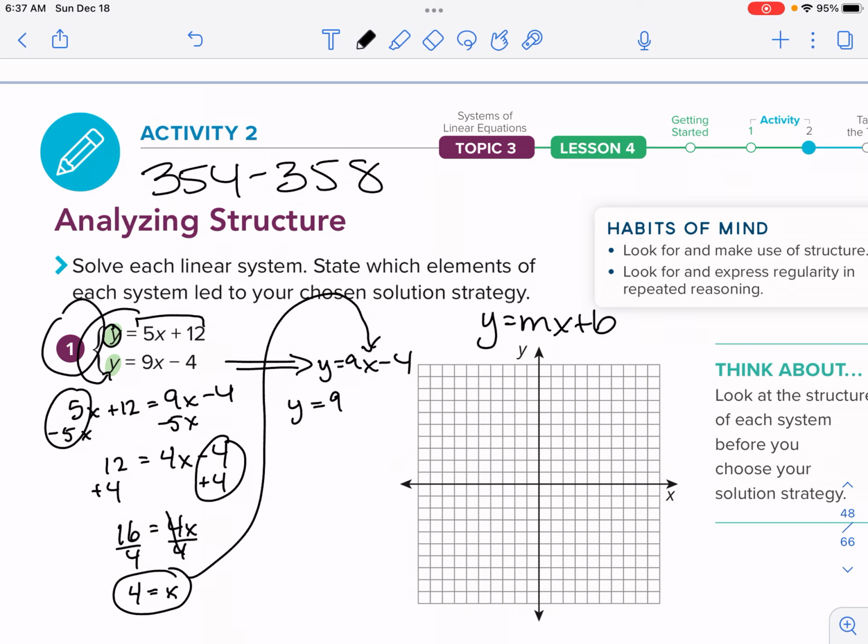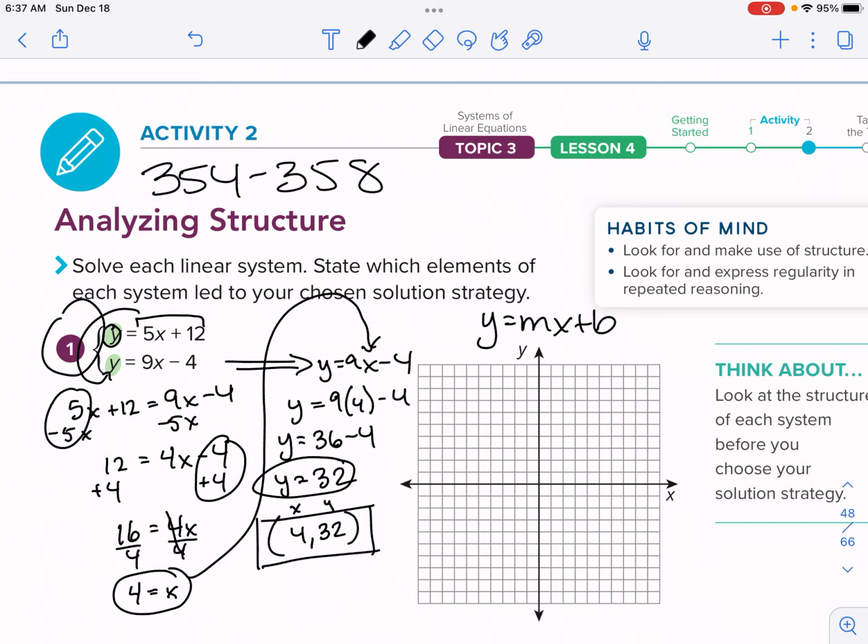So this will be 9 times 4, and then we have this other minus 4. So y equal to 9 times 4 is 36, and 36 minus 4 is 32. So for x comma y, this would be 4 comma 32.